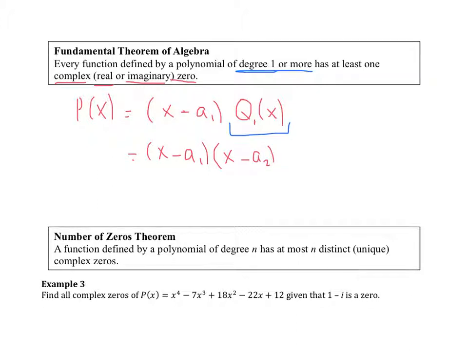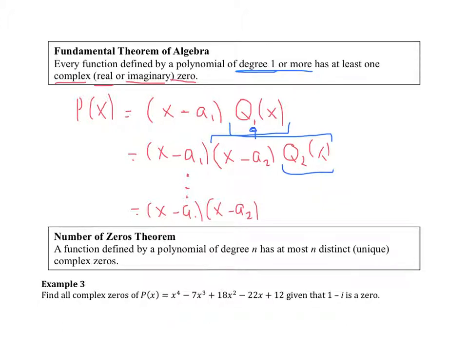Now I'll have a different root, and the second piece right here comes from the q1. You repeat this process over and over. If the remaining polynomial is degree 1 or more, you keep doing this, and little by little, piece by piece, you can eventually factor out the polynomial.